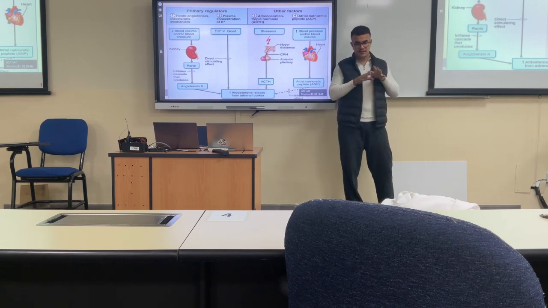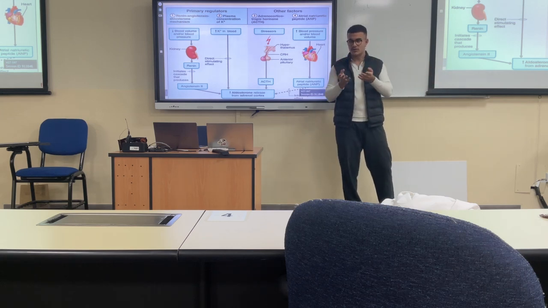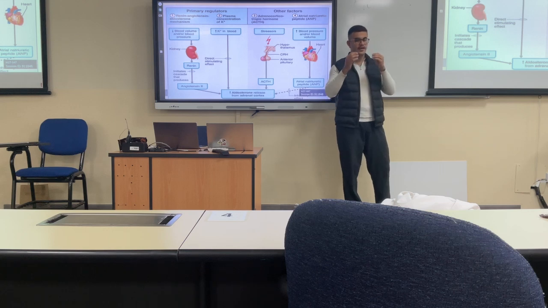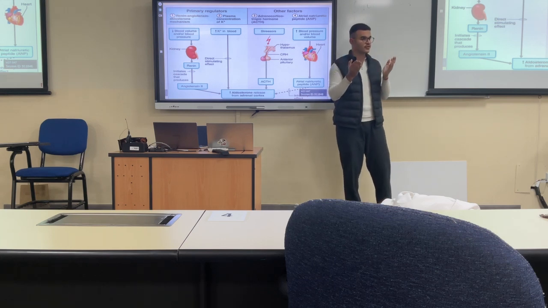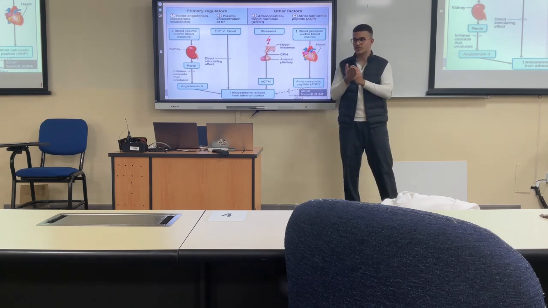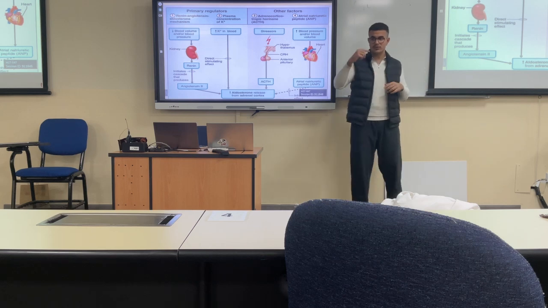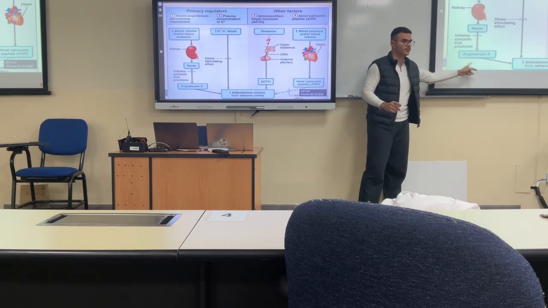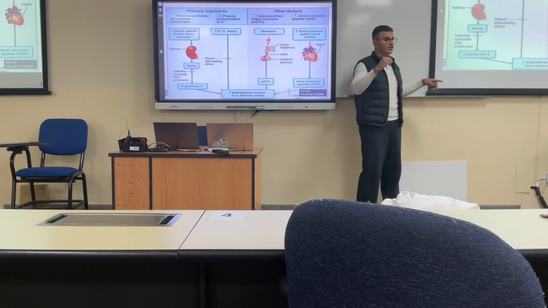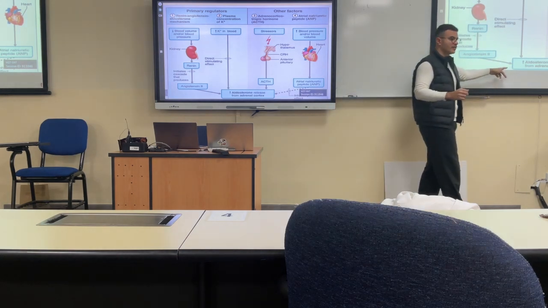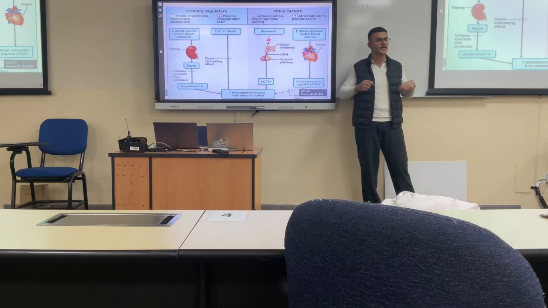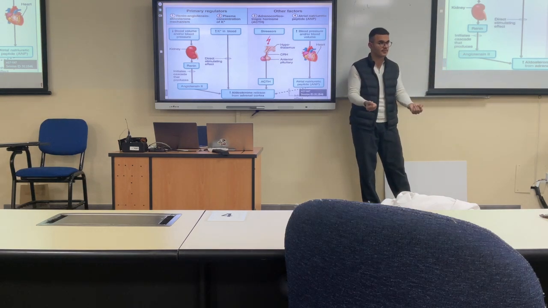And then in the plasma, you have a protein called angiotensinogen. So renin is going to go and find this angiotensinogen and split it. It's going to give us angiotensin 2, which is the one that we mentioned in the beginning, the one that's going to go to the cortex, zona glomerulosa, and stimulate aldosterone secretion.